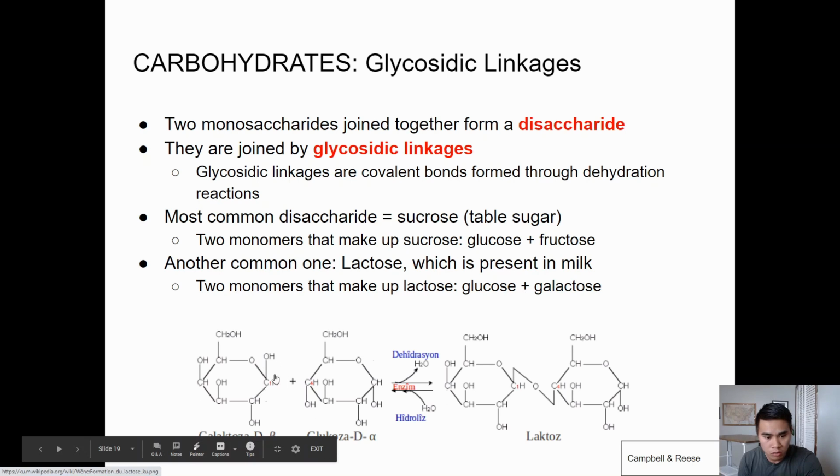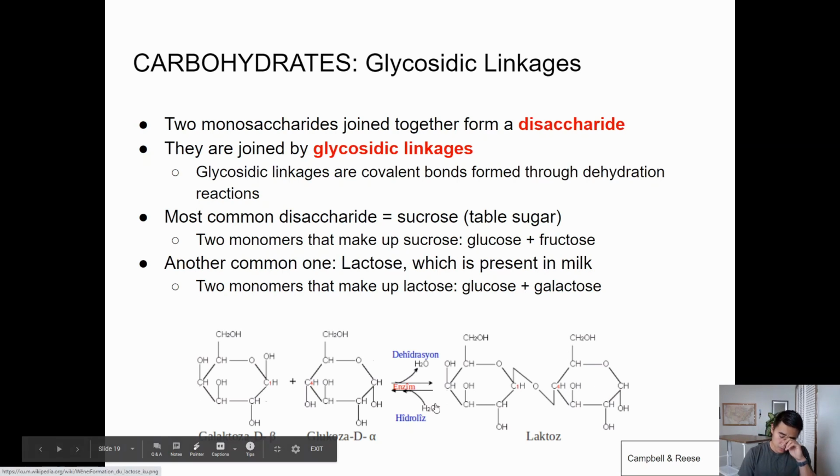And remember, one whole hydroxyl group is cleaved off, and in the other one, the hydrogen from the oxygen of the hydroxyl group is cleaved off. As a result, you have a covalent bond between that oxygen and the other monomer. And you have galactose mixing with glucose through dehydration synthesis. And you can see the bonds right here. This is a glycosidic linkage, which is a covalent bond, to form lactose.